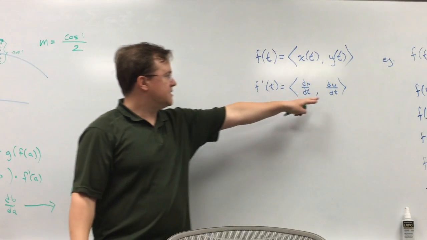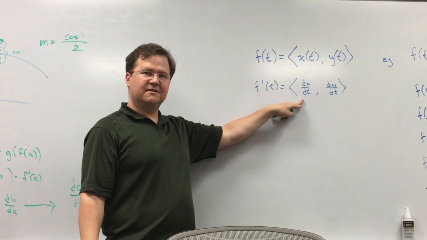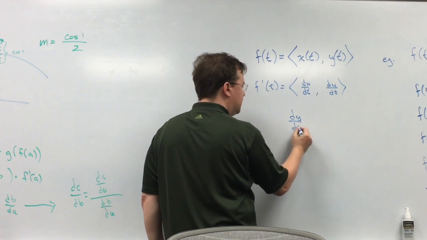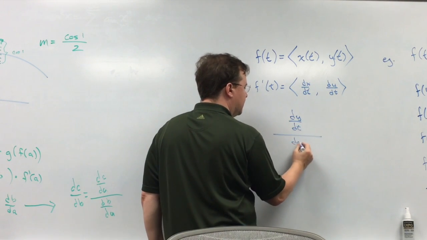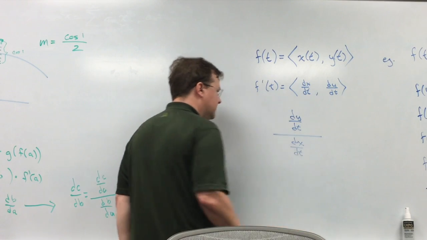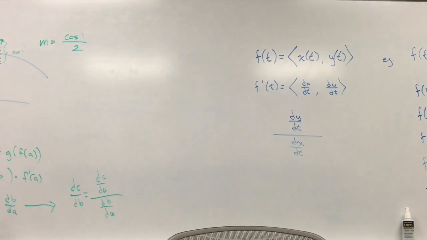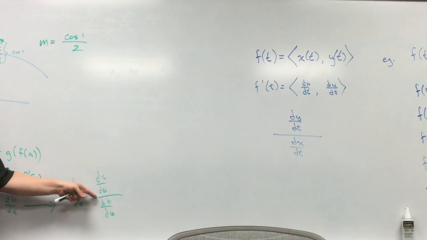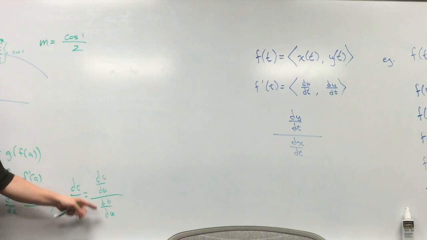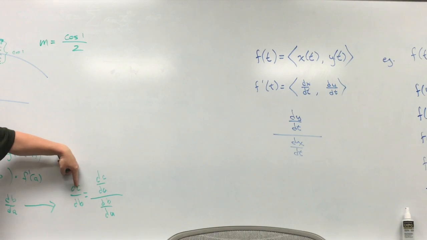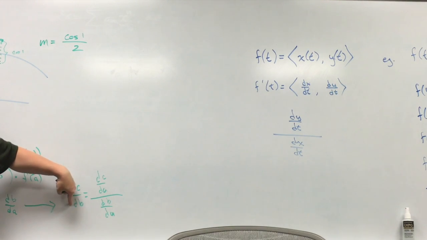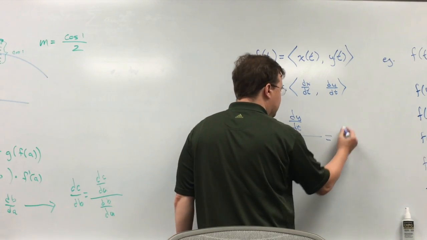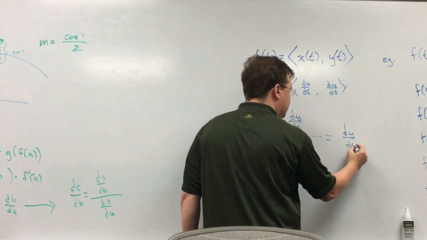So when I take this coordinate and divide it by that coordinate, I'm taking dy/dt divided by dx/dt. The chain rule says whenever you're taking the derivative of two functions with respect to the same variable and you divide them, it ends up being just dc with respect to b. So this equals dy/dx.